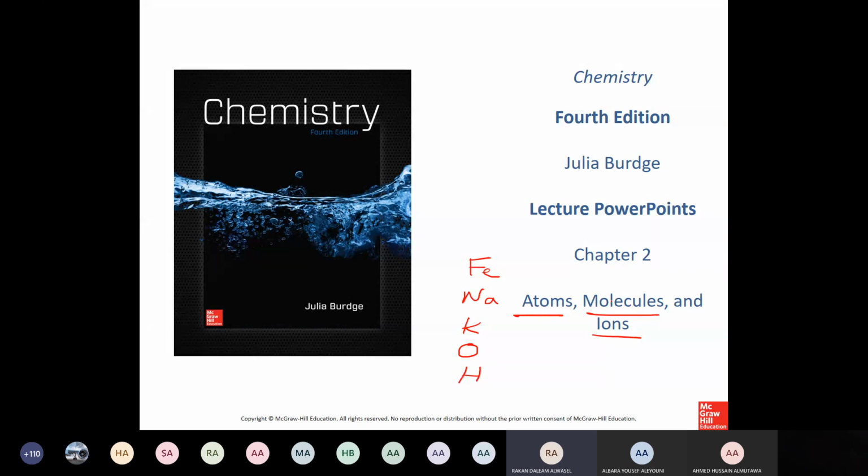Hydrogen. Give me an example of molecules. H2O. H2. PCl3. O2. NH3. O2 is a molecule, but it's an atomic molecule.